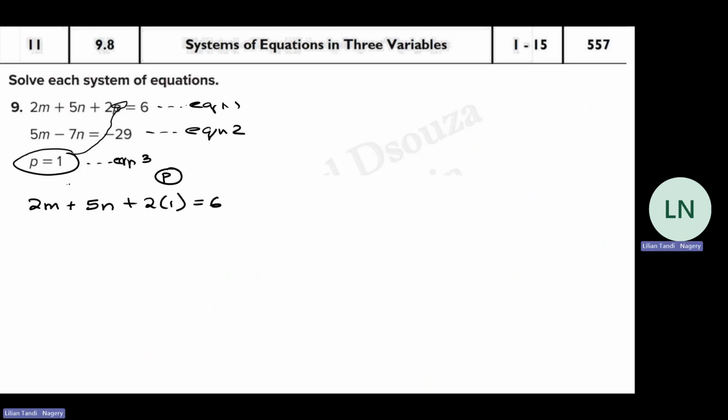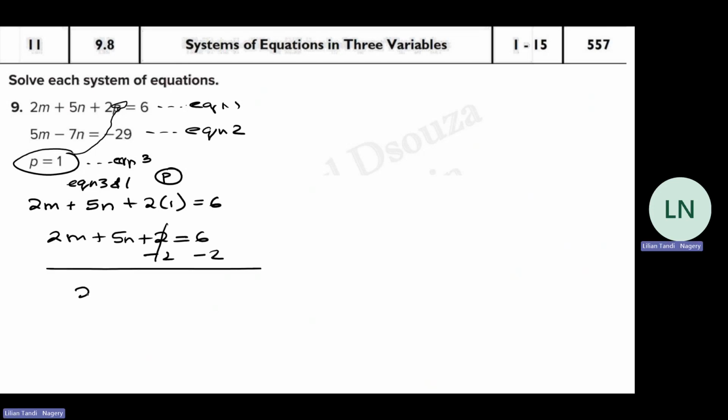So eliminate p using equation 3 and 1. So you're going to get 2m plus 5n plus 2 equals 6. Minus 2, this goes away. So you're going to have 2m plus 5n equals 4.